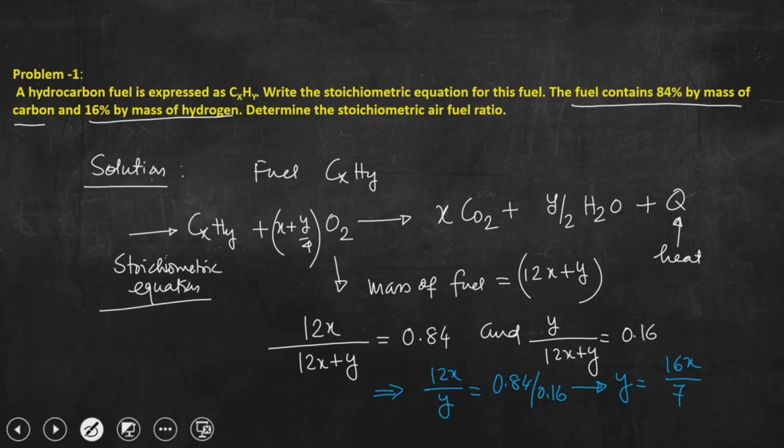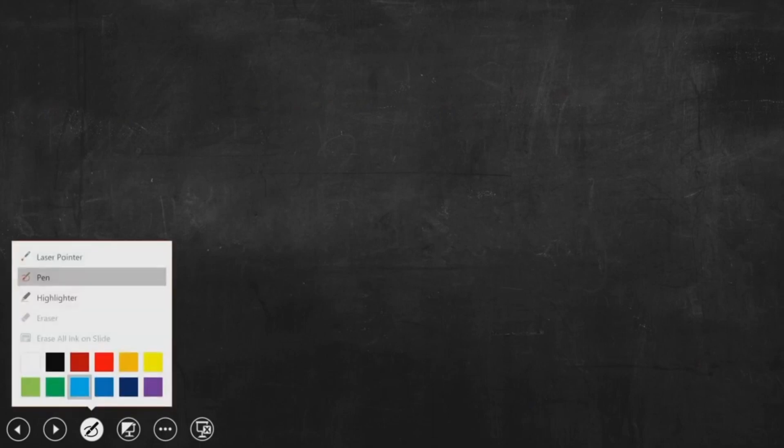So, if we go to the next page, then we can write the equation again. We can write the equation, that is CxHy plus (x plus y upon 4) O2. So, this is x plus y upon 4, and we had written y equal to 16x by 7.